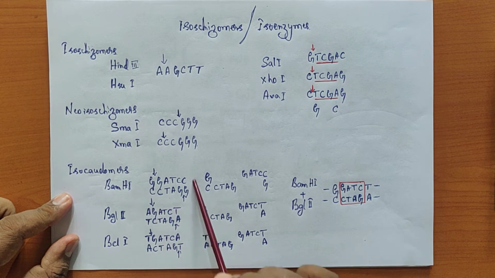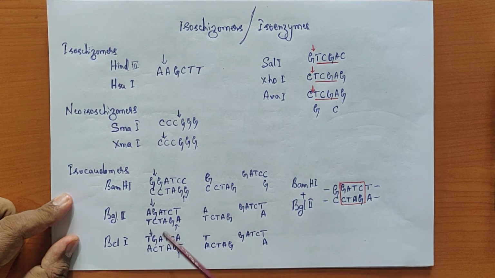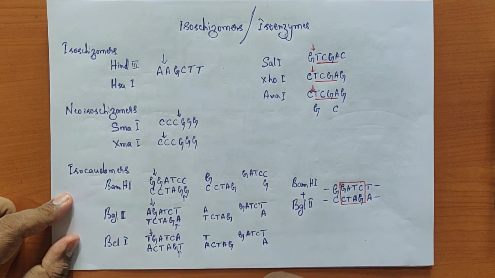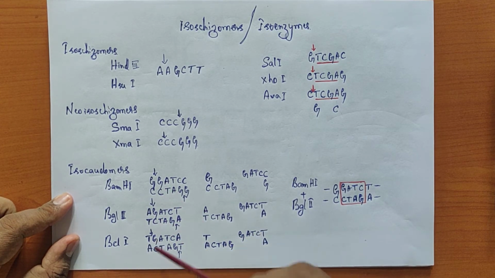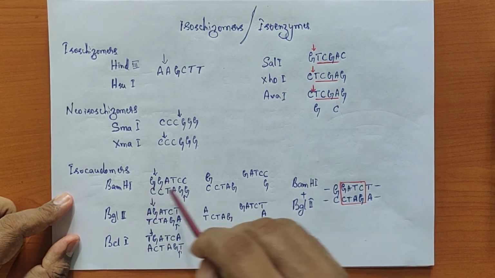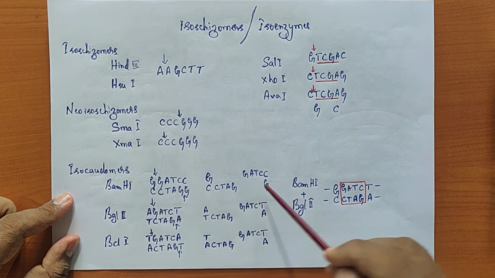BamHI recognizes a different sequence, BglII recognizes a different sequence, BclI recognizes a different sequence. They are all different restriction enzymes isolated from different microorganisms. They recognize different sequences, but the cleavage products are compatible.